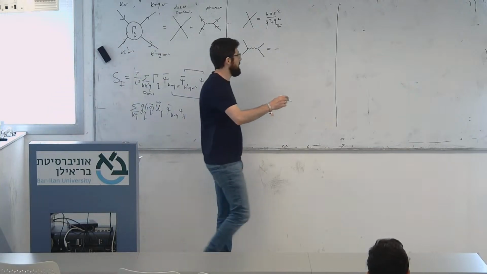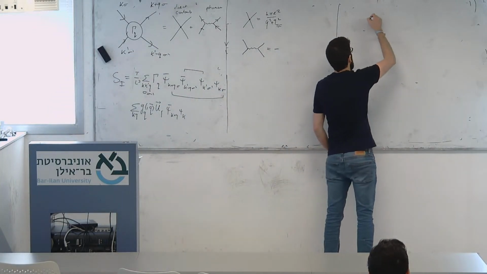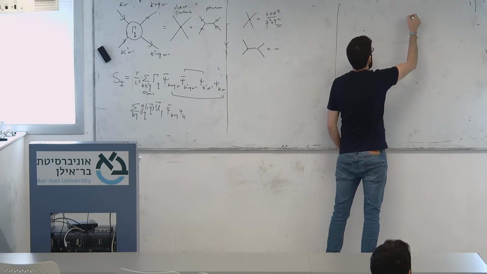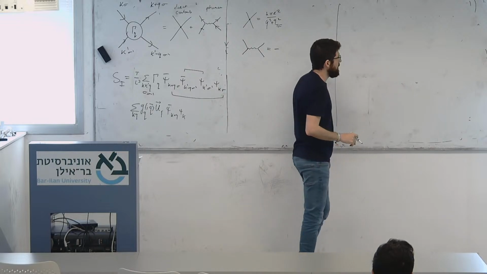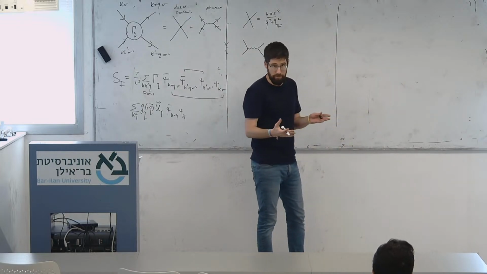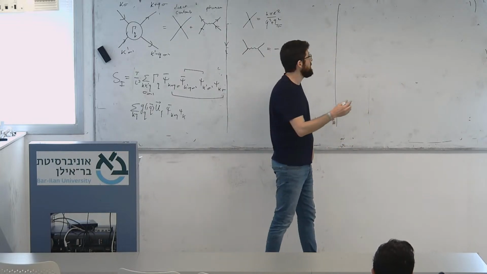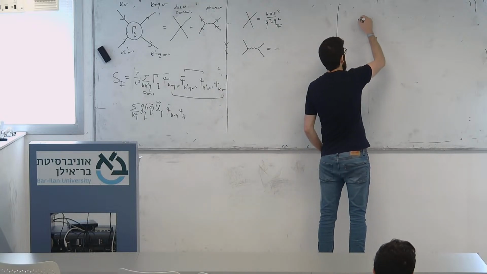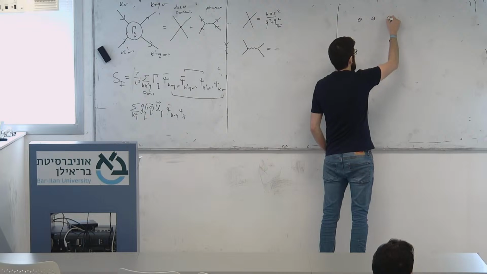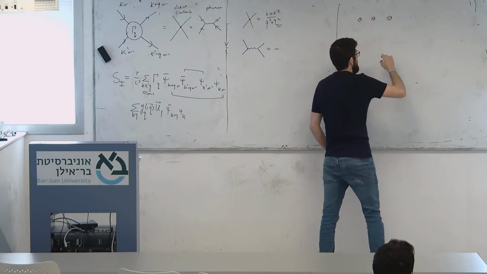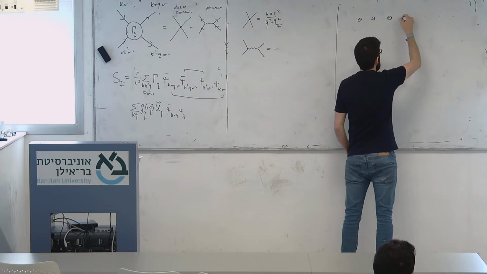A gradient coupling is, imagine that these are the equilibrium positions of the ions. Now let's imagine that I create a gradient. Here the atom is located at its position. Here I shifted a little bit to here. Here I shifted a little bit more. Here I shifted even more.